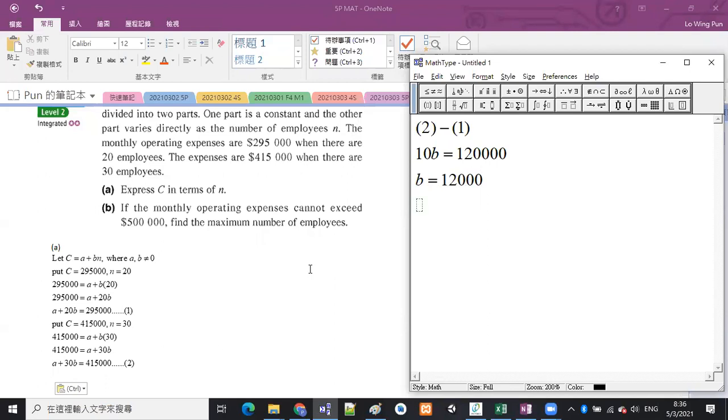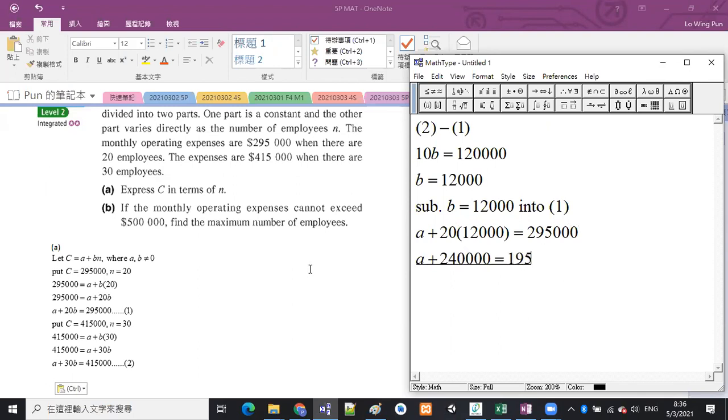When we have found the value of B, we substitute it into equation 1. So A plus 20 times this B is equal to 295,000. Simplify the term first; 24,000 is this number.